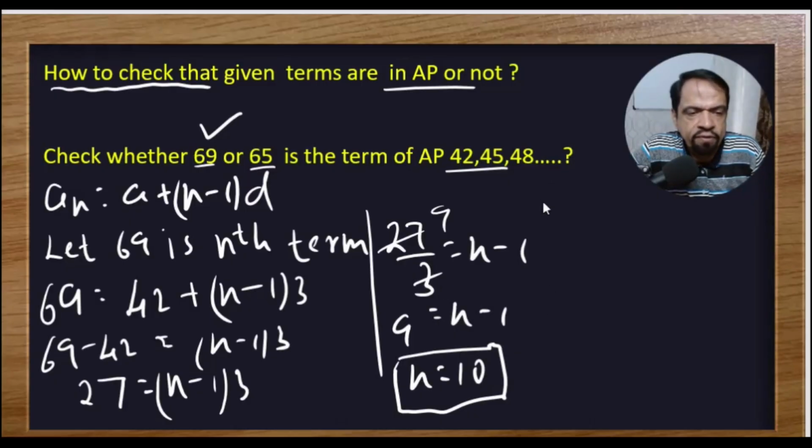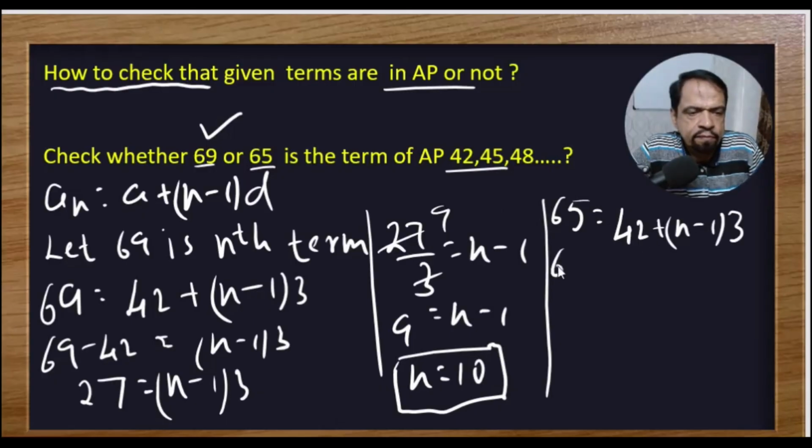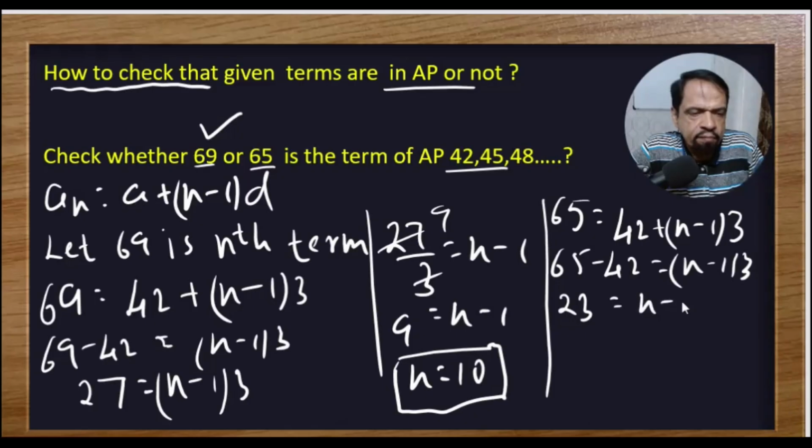Now let us check for 65. I am writing directly using this formula: 65 minus 42 is equal to n minus 1 into 3. 23 is equal to n minus 1 into 3, so n minus 1 is equal to 23 upon 3.